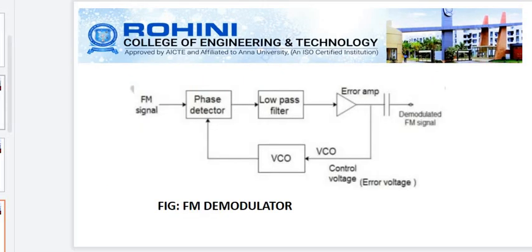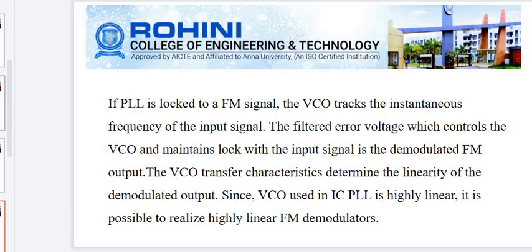FM detection. The block diagram of FM detection or the FM demodulator is shown in the figure. The voltage controlled oscillator frequency follows the instantaneous frequency of the input signal.